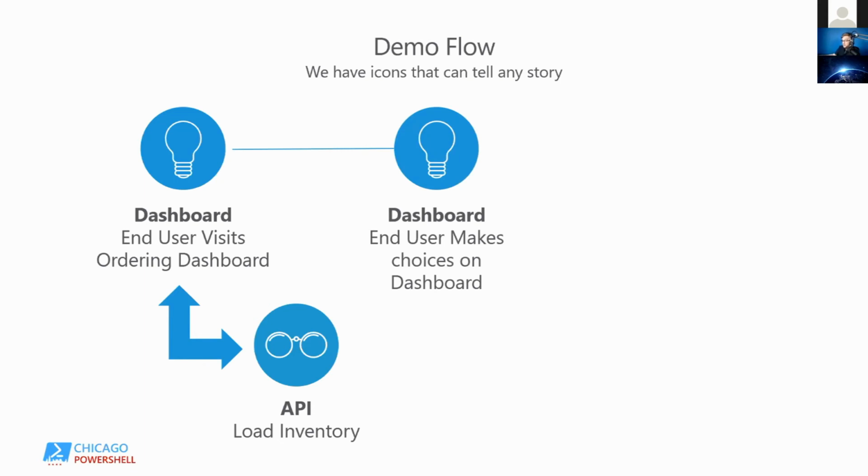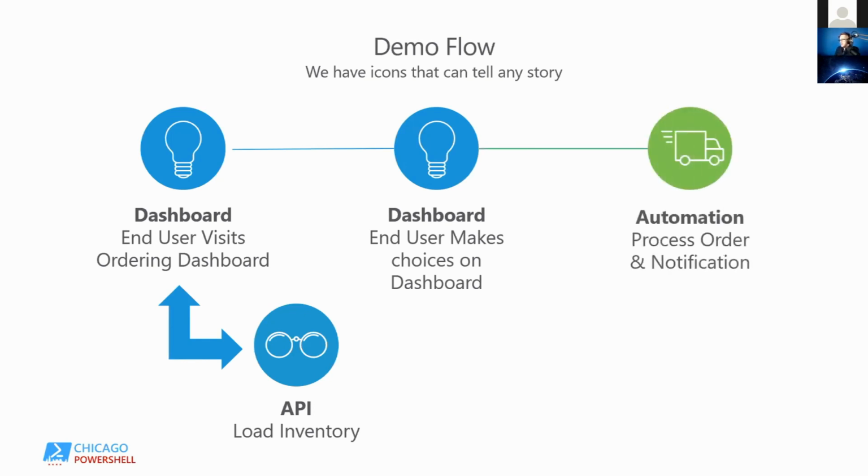So if you know your way around PowerShell, you can build some pretty cool dashboards and APIs. And then finally, once we've assembled all this stuff together, I can submit and actually process that information using Universal Automation to execute those long-running tasks that may or may not have state and other things like that.